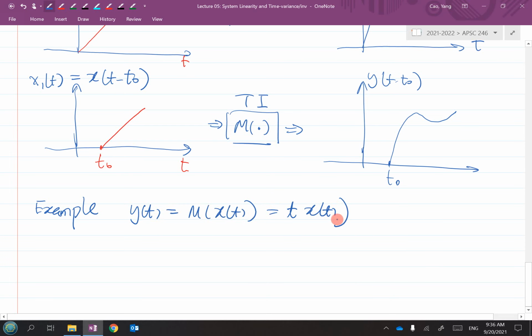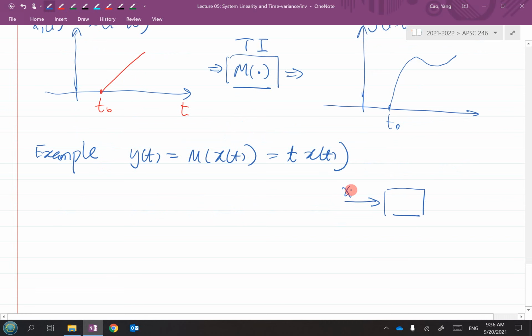Here's the system: y equals M of x of t equals t times x of t. If you just draw one single box, here's your x of t, and the output is t times x of t.